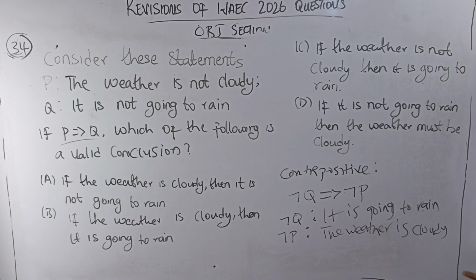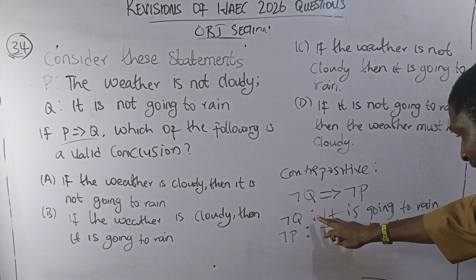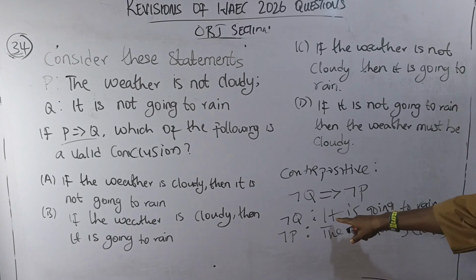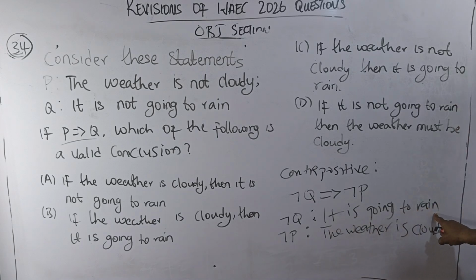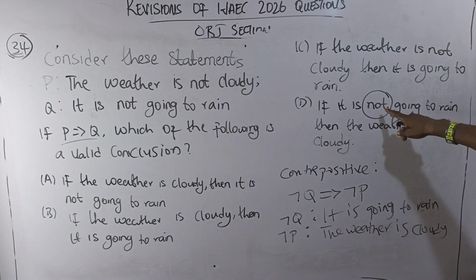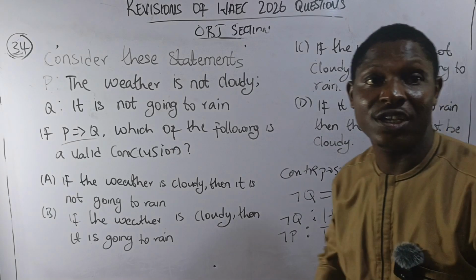And our final answer here says, if it is going to rain, then the weather is cloudy. So the option is supposed to be option D. But because of this not here, option D is equally not correct. But if the not is removed, then option D is the correct answer. Thank you.